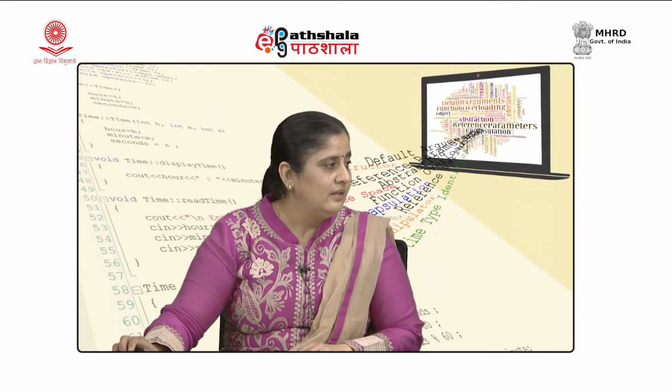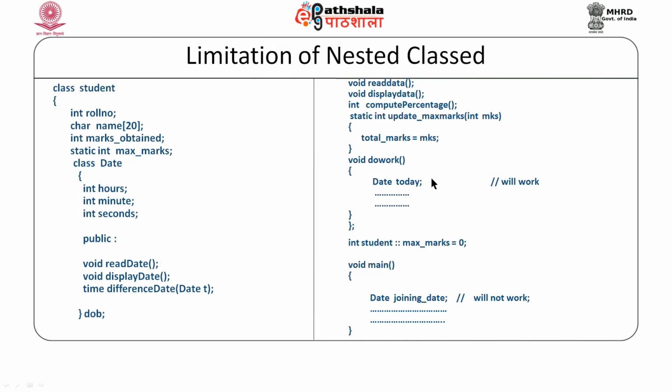What I mean, you can have a look over here. Here see, this do work function is a member function of student class. So, if I want to define a date object called today, I will be able to define it. But if I want to define a date object for a joining date in main function, I will not be able to do that. Why will I not be able to do that?